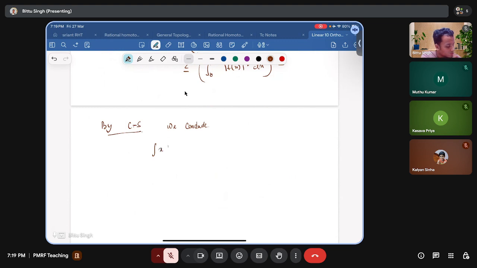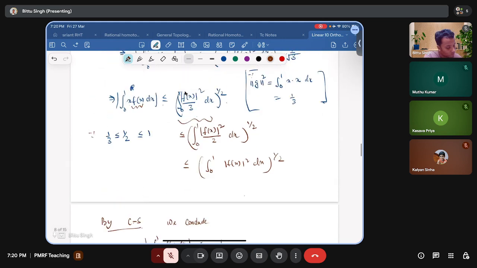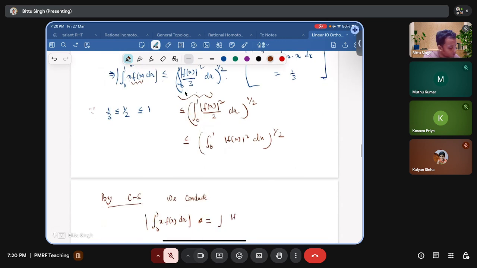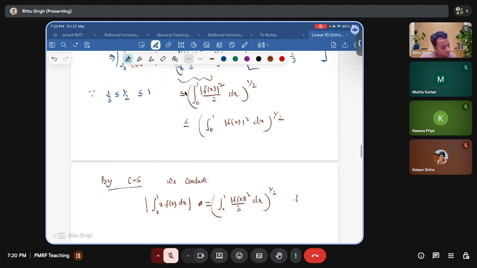So the integral of x times f(x) dx from 0 to 1 will be the same as this one, the integral of mod f(x) squared by 3 dx, to the power half. You can also explicitly check. Sorry, it is not needed because if f(x) equals x, it is direct, immediate.